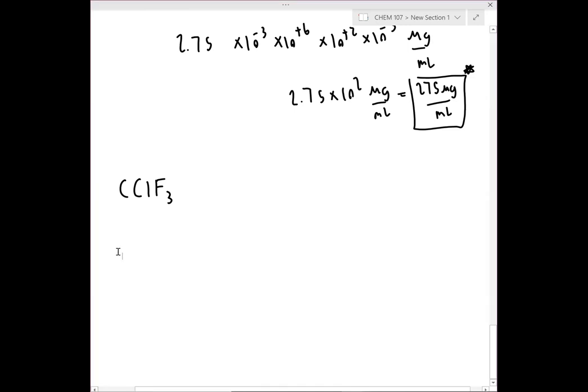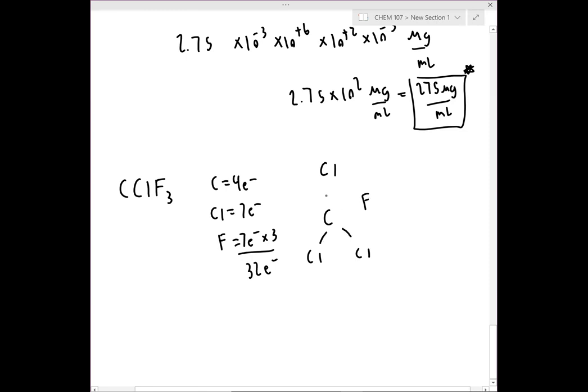First and foremost, we need to count our electrons. Carbon contributes 4 electrons, chlorine contributes 7 electrons, and fluorine contributes 7 electrons, and we have 3 fluorines. That gives us 32 electrons in total. We put carbon in the center and we surround it with our other 4 atoms.